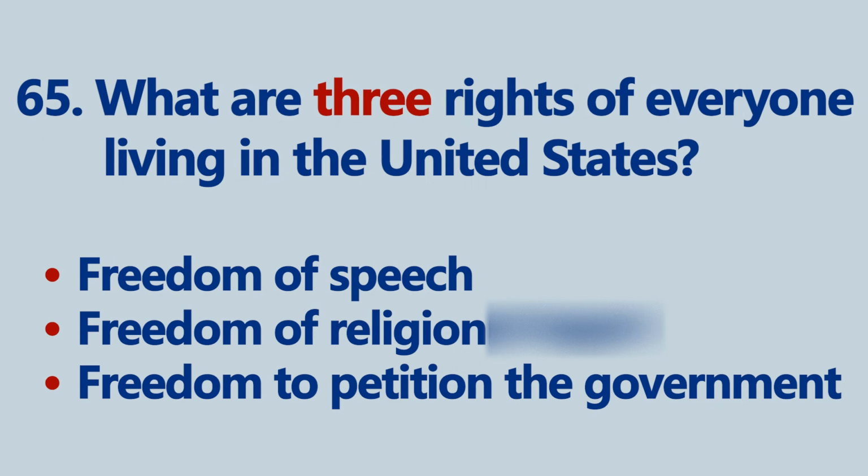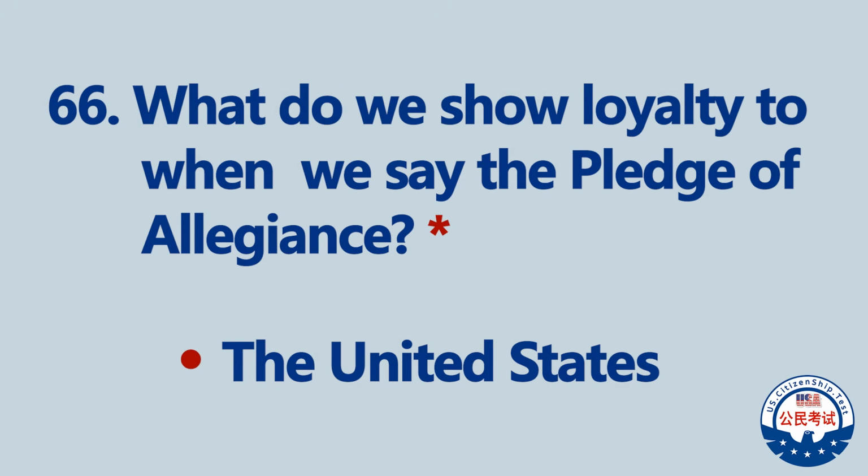What are 3 rights of everyone living in the United States? Freedom of speech, freedom of religion, freedom to petition the government. What do we show loyalty to when we say the Pledge of Allegiance? The United States.